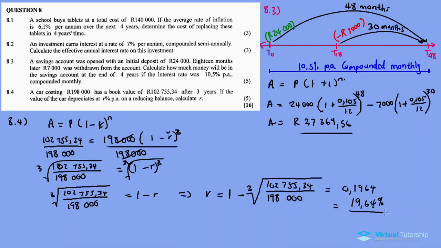This is our final answer, which is the rate at which this car was depreciating. So this was reducing balance, and then as a straight line method, it's this one: A equal to P(1 minus i times n).